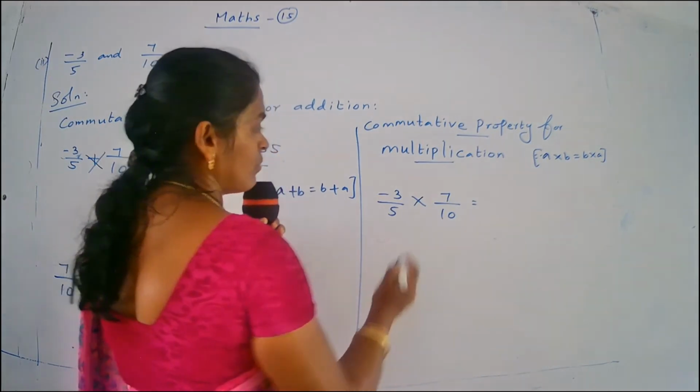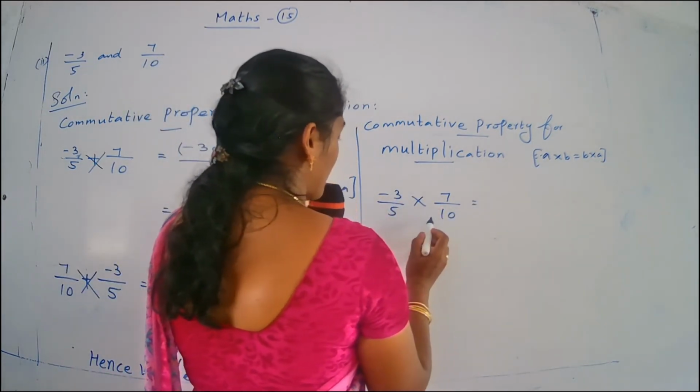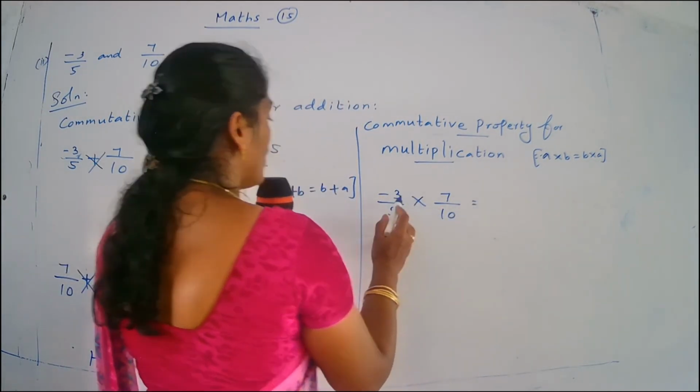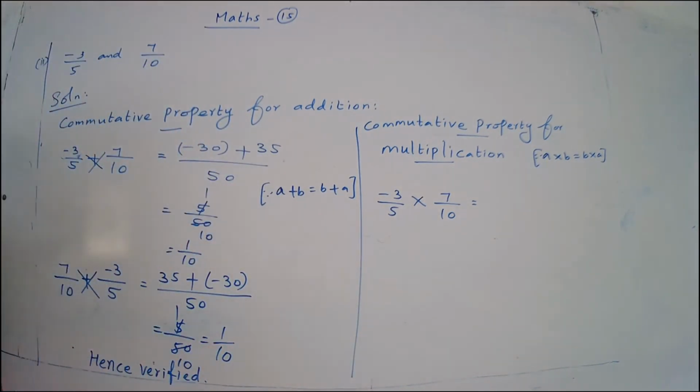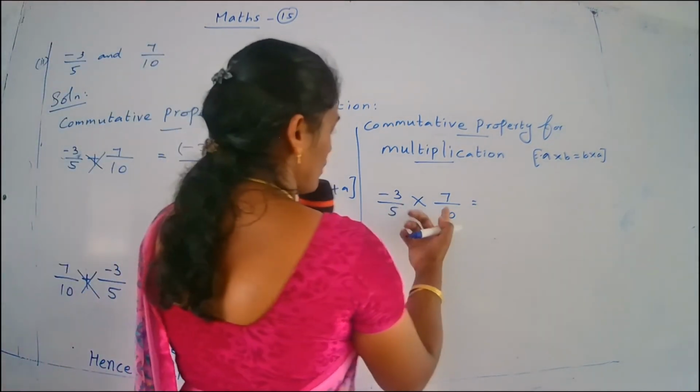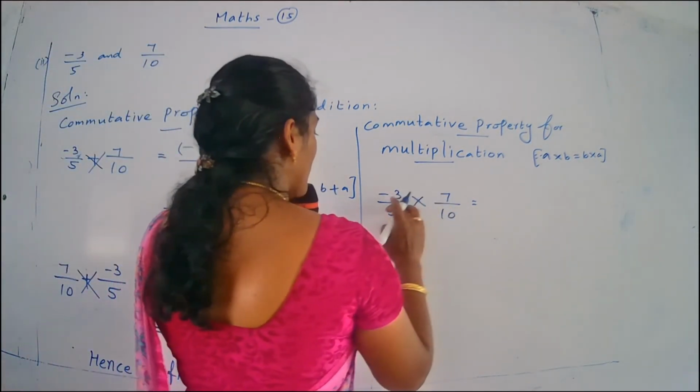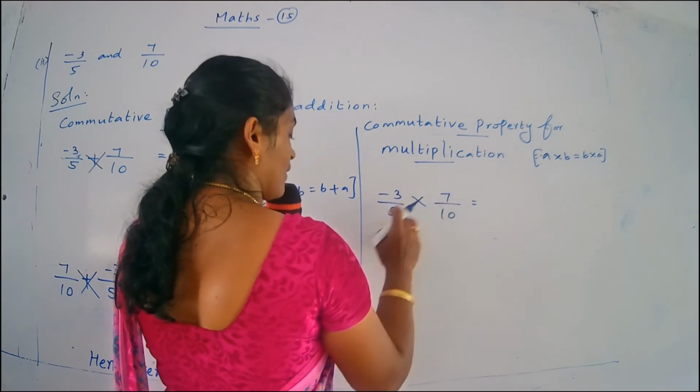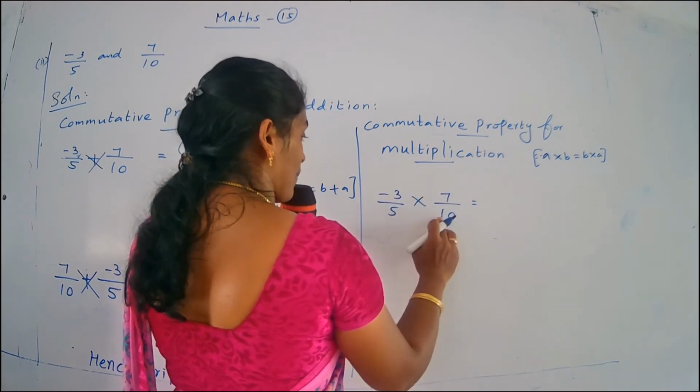In multiplication, first of all, you check any common factors between numerator and denominator. No. So we multiply numerator by numerator and denominator by denominator.